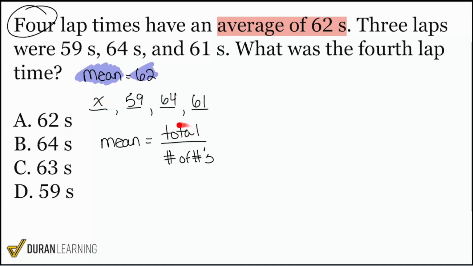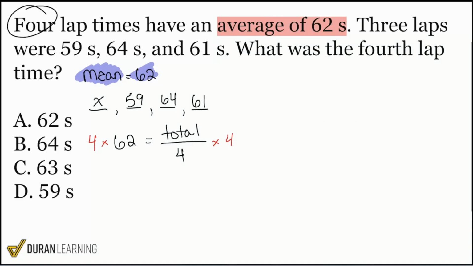I'm trying to get this by itself. So I'm going to multiply both sides by that value. So I'll replace the mean and the number of numbers with 62 and 4, because it's 4 values that we're using. So we'll multiply by 4 on both sides.